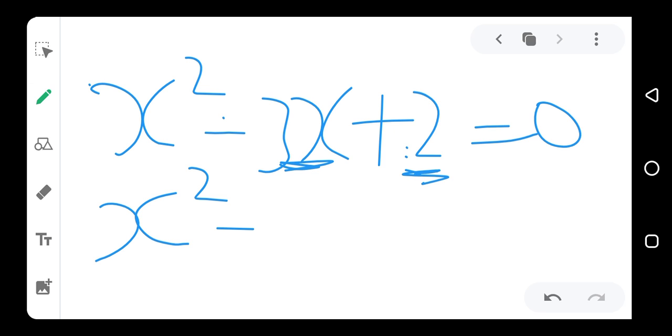Now let's say plus 2 and minus 1, that is 2 times minus 1. This will give us minus 2 again, so this is not part of it because what we have is plus 2, so we clean it.